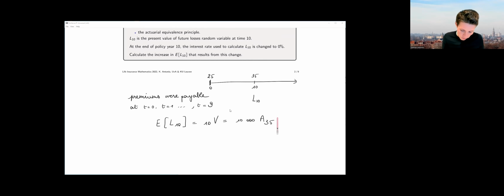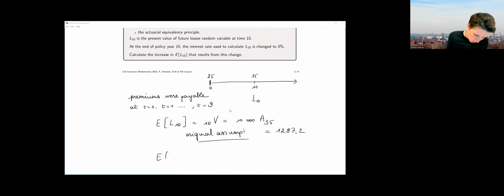Now this A35, if you use the original assumptions, as you see in what is given, you will have a value here of 1,287. That's with the original assumptions. But now look at what is happening if I implement a drop in the interest rate, which I'm going to denote with a star.